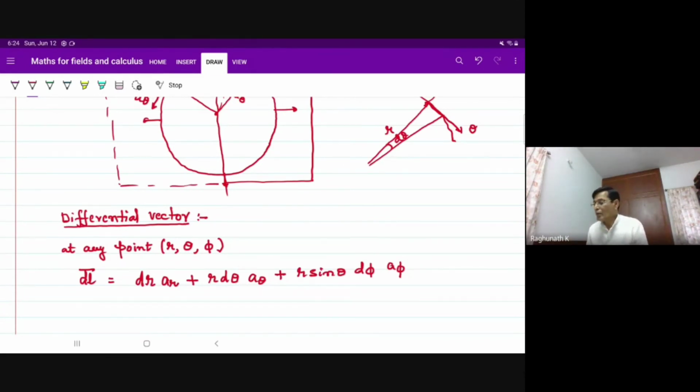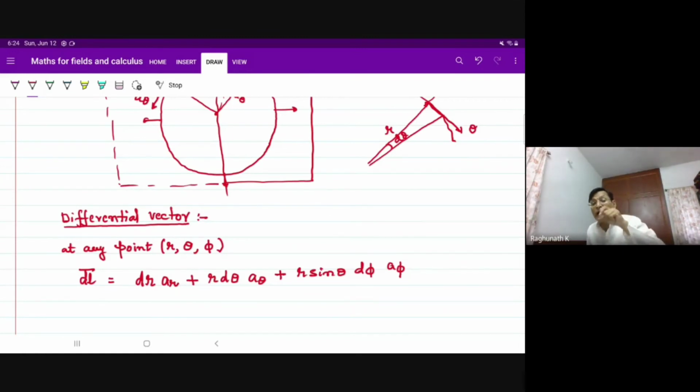Next, once I fix the radius of the sphere as r and the semi-vertical angle of the cone as theta, I am on a circular path of radius r sin theta. On this circular path, I have to change phi. Whenever I change phi, I am moving on that circle.